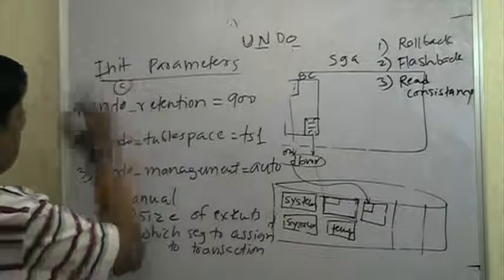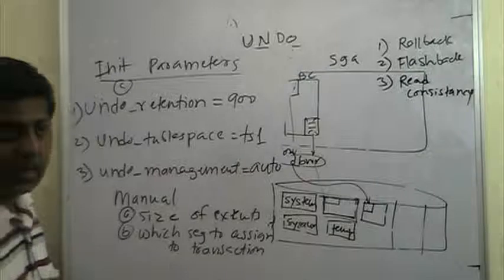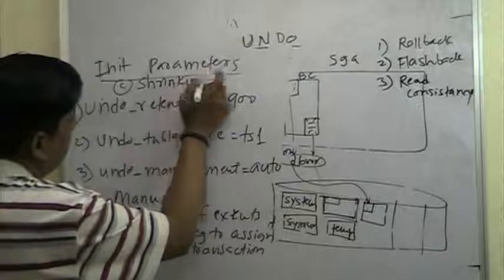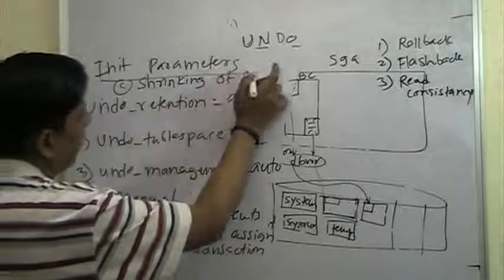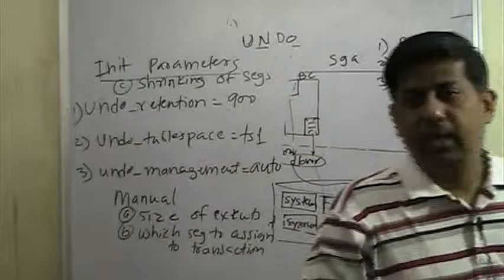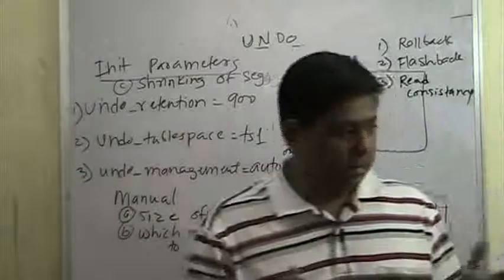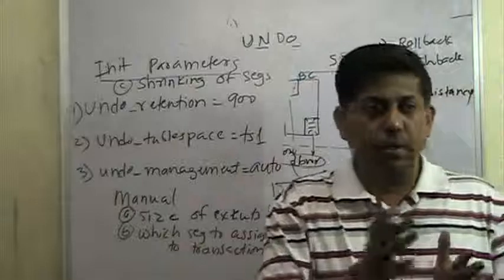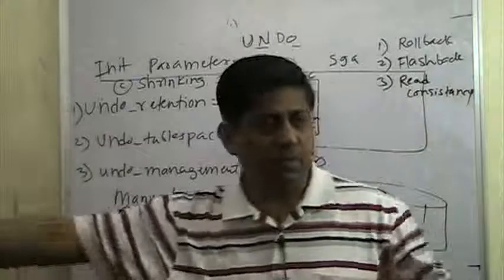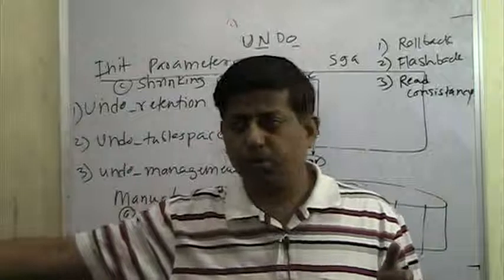And then I will write down somewhere here, we see the shrinking of undo segments. What is the shrinking of undo segments? Here is the thing to remember. As undo is required more and more, the growth will happen, because you require more space to keep your undo.